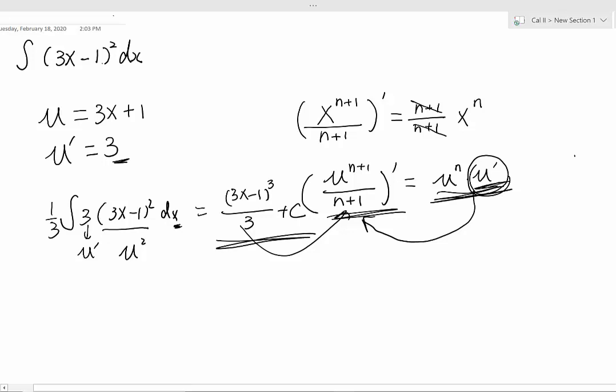Now you see the third method of integration, using the u-substitution shortcut, is a very fast way to solve this problem. However, this doesn't mean the shortcut will solve all integration problems in the future. We're going to see more examples in the future. Thank you.